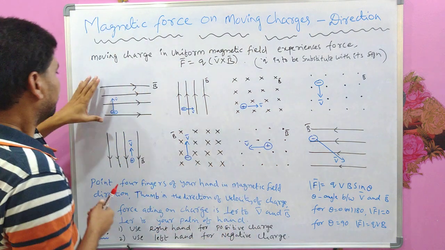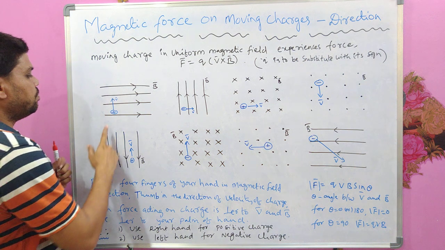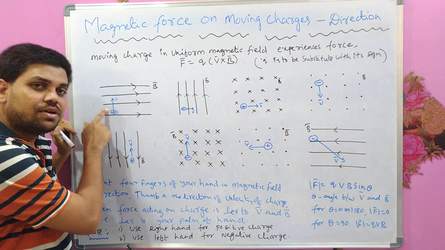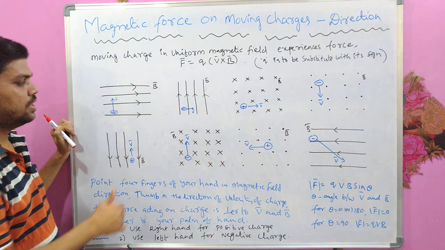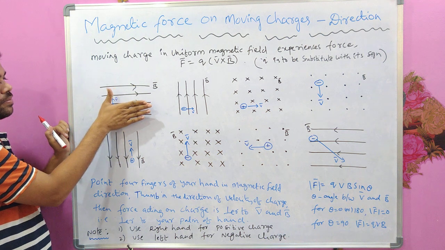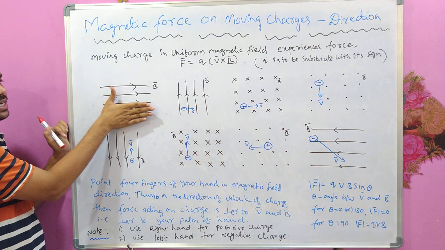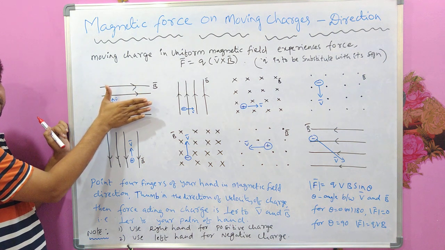Right? So here the magnetic field is in this direction and a positive charge is moving upwards. Since it is a positively charged particle, use your right hand. You can see this. My four fingers are pointed in the direction of the magnetic field, and the thumb represents the velocity of the charged particle.